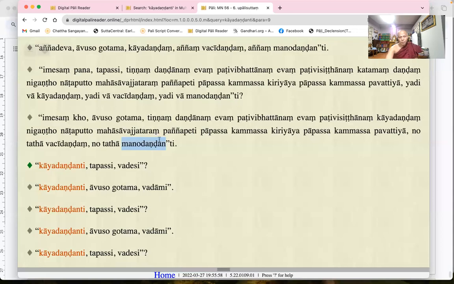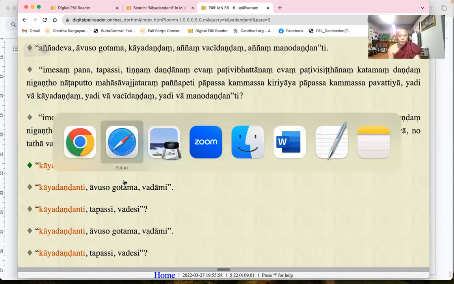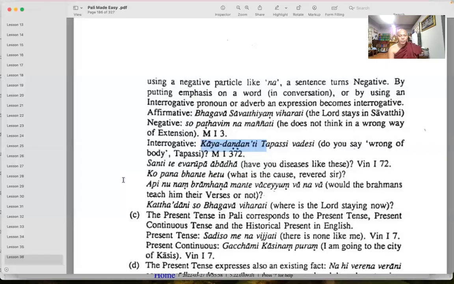Based on that, "Kaya dandandi dabasi", do you say Kaya danda, or body punishment? So asking a question based on the context. We don't need to use anything, but based on context it can be understood. Maybe sometimes "ka" or "wa" or "abi" can also be seen. So here, the question is understood just from the context.